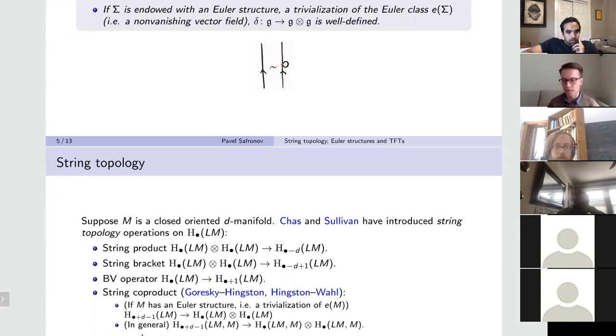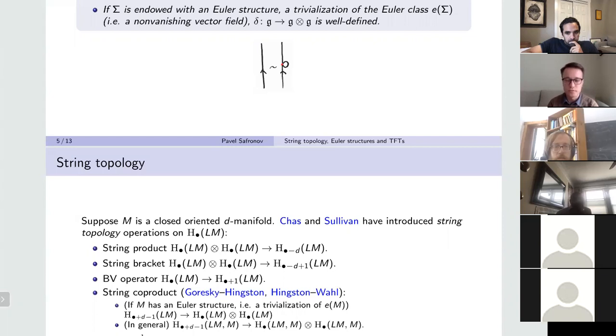So I'm not explaining here the precise construction and also why I call them compactified, but okay, there's another class of operations, and one example of this operation is called the string coproduct. So this is due to Goresky-Hingston and more recently Hingston-Wahl. And so this is going to be a lift of this Turaev cobracket.